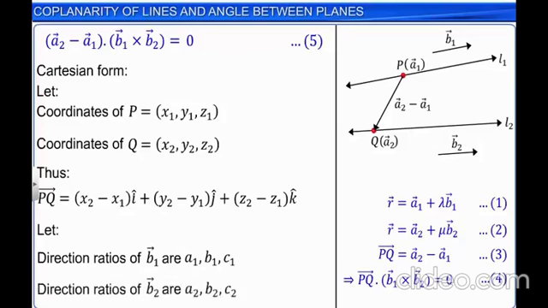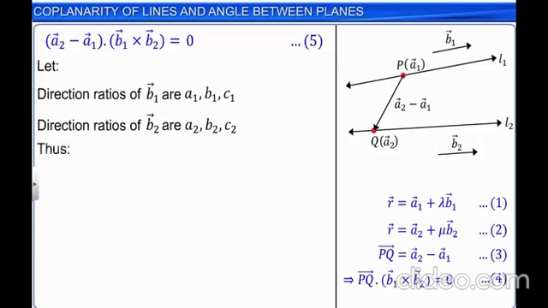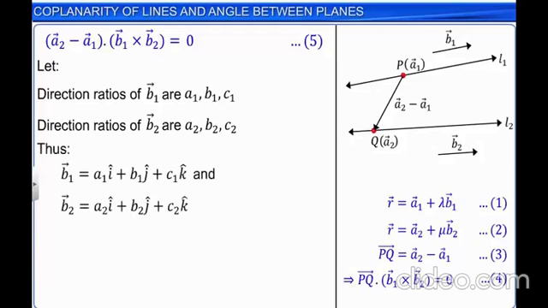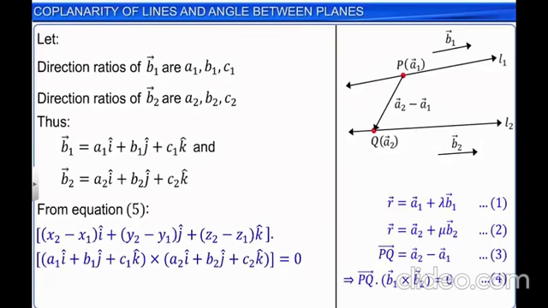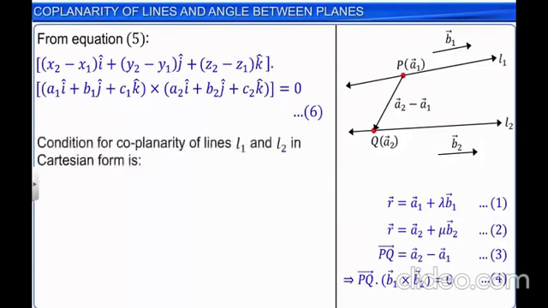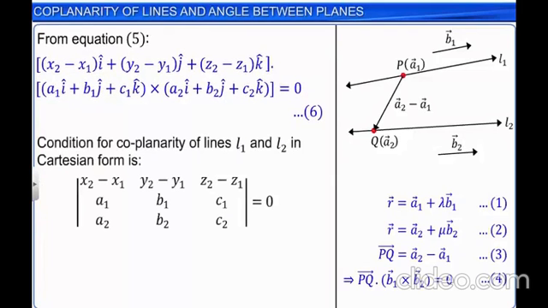Using the given direction ratios, we can write vectors B1 and B2 as shown, substituting the values of vector PQ and vectors B1 and B2 in equation 5. We get equation 6. Converting equation 6 into a determinant as shown, we get the condition for the coplanarity of lines L1 and L2 in Cartesian form as shown.